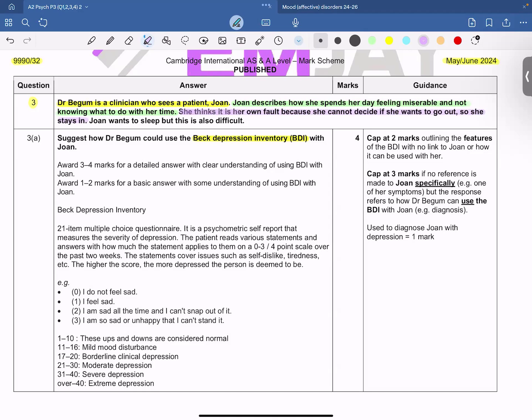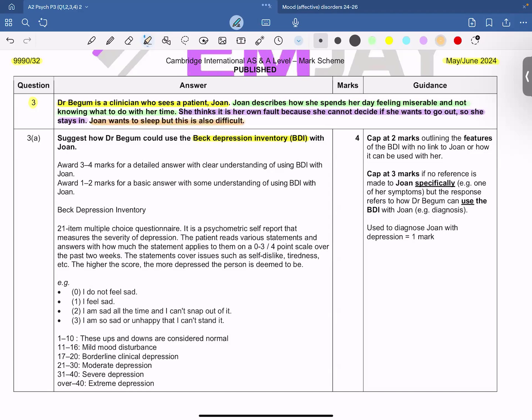Now she is blaming herself because she very clearly sees this as her own fault because she is indecisive. She cannot really decide if she wants to go out or not, because of which she ends up staying in. Joan wants to sleep, but this is also difficult.